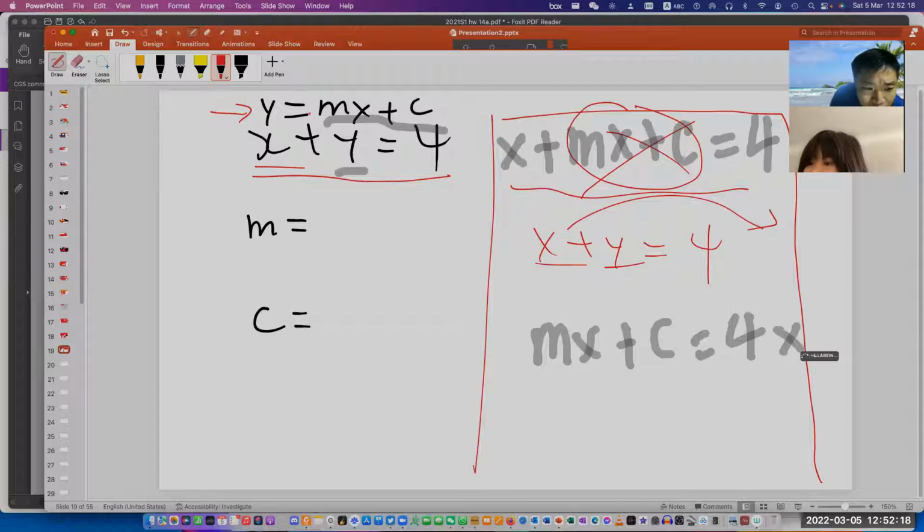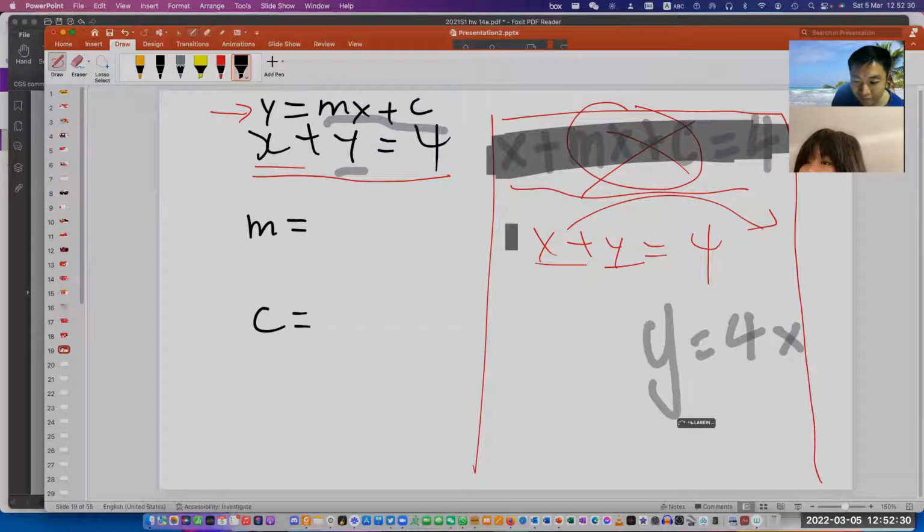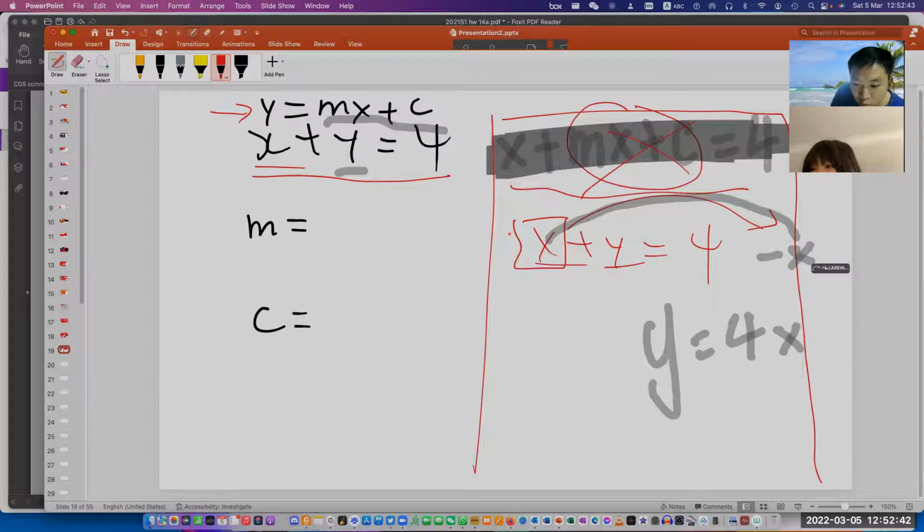I say don't go this path already. Just move the x over. Okay, how do you move? You have the x here. What do you end up with when you move things over?